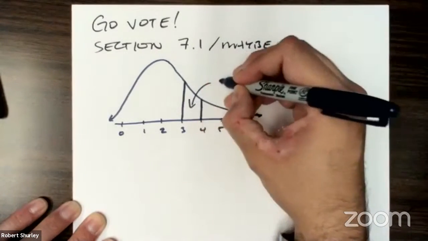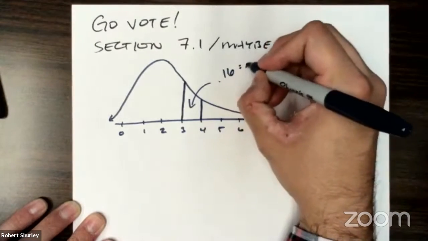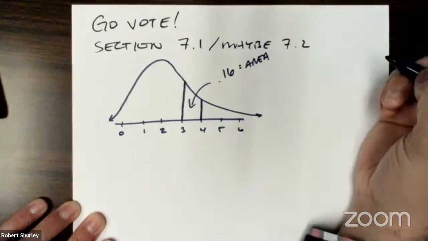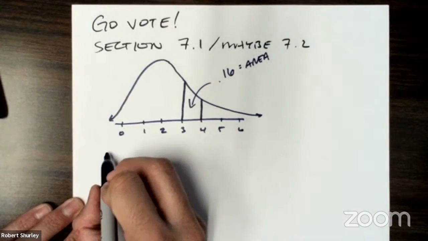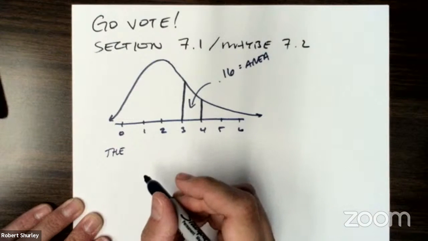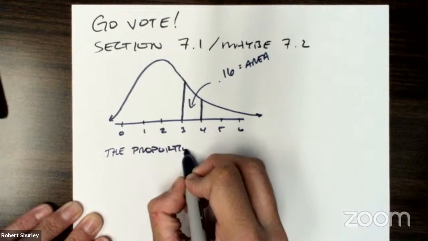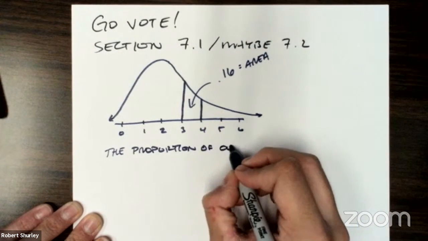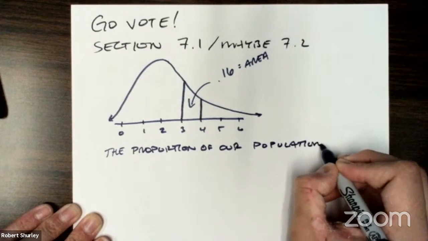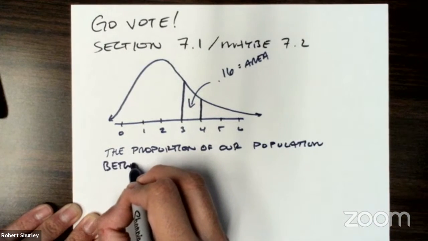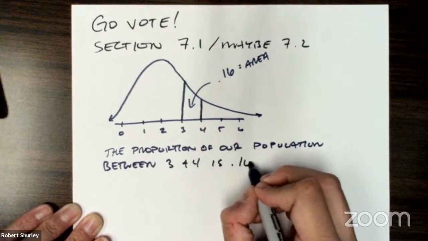So here is an example where it tells you the area between two of these units. Let's say the area between this is 0.16. What that means is the proportion of our population between 3 and 4 is 0.16.